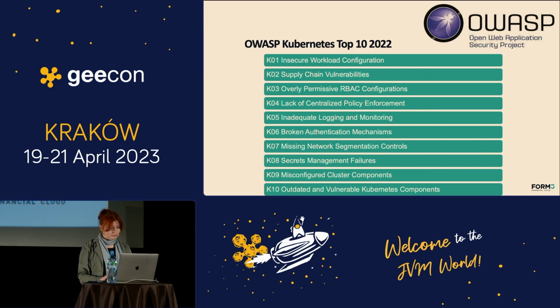And number 9, misconfigured cluster components. As easy as it sounds, and it's not in practice, secure your cluster components, because otherwise you'll end up like a messy Kubernetes jumble. And last but not least, keep your Kubernetes components as well as your application workloads up to date, or you might end up with a bunch of uninvited guests in your cluster.